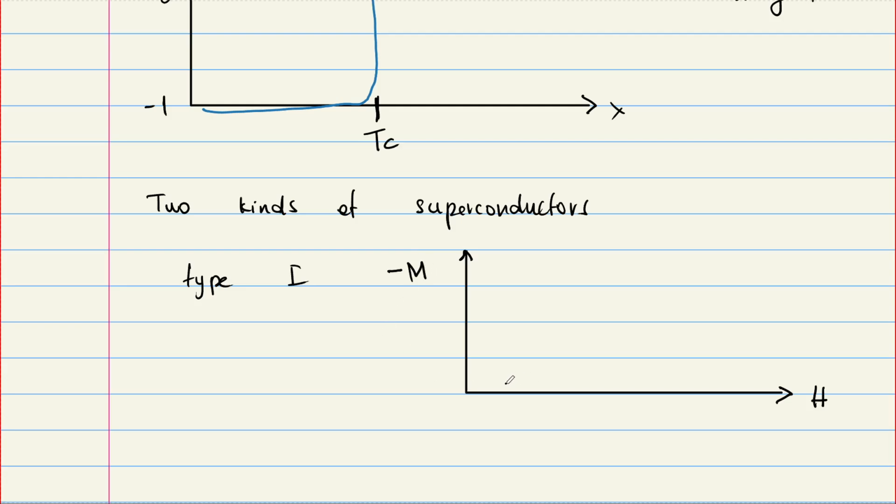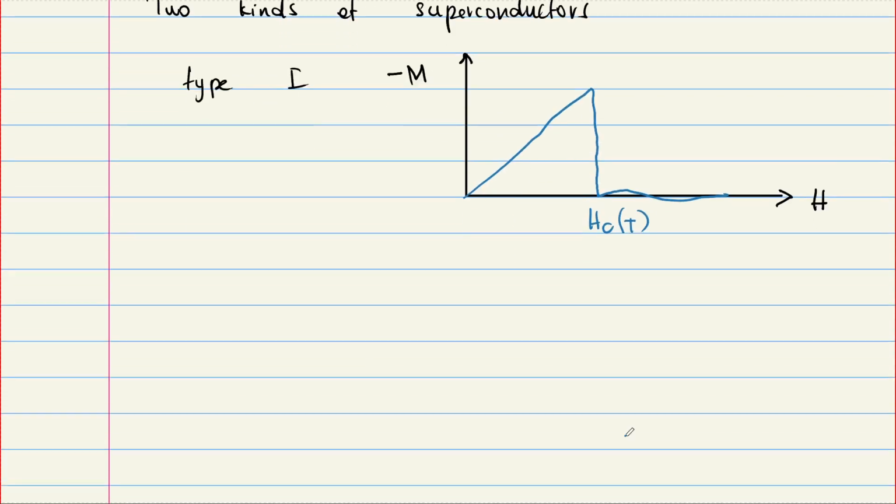In the superconducting phase, M and H are linearly proportional, right? Susceptibility is supposed to be -1. But if you keep increasing the magnetic field, at some point you destroy the superconducting phase. And this is what we call HC, and this HC is generally temperature dependent.